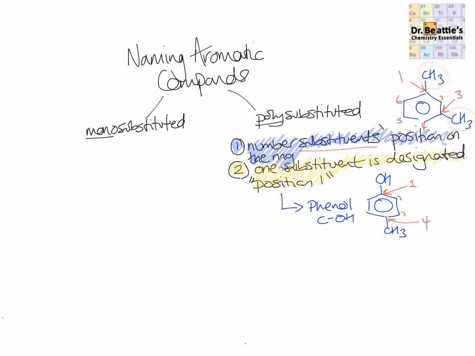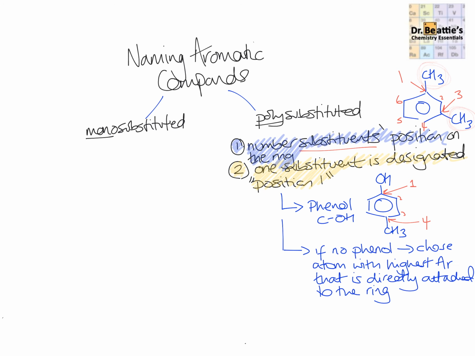Now, if OH isn't present, so it's not a phenol, then instead you need to look at the substituent groups, look at the atom that is directly attached to the ring, and look for the one with the highest relative atomic mass. So take, for example, this one. Here we have a chlorine and a carbon on the bottom that are directly attached to the ring.